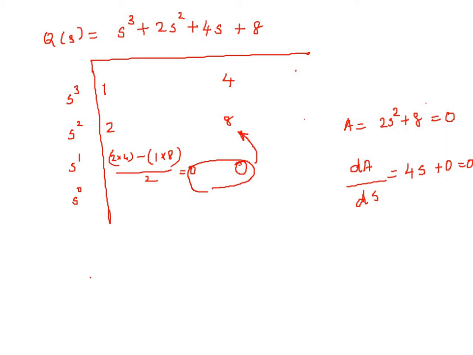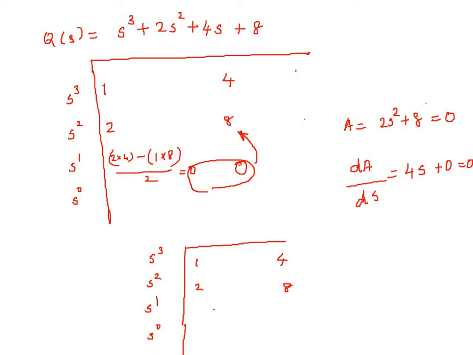So now I am replacing, or I can rewrite, redraw the root table with the given values: s cube, s square, s raised to 1, s raised to 0. Now 1, that is the first element, 4, 2, 8.